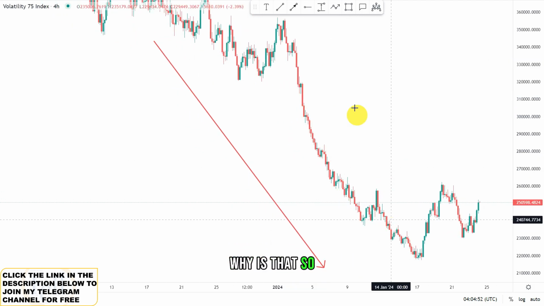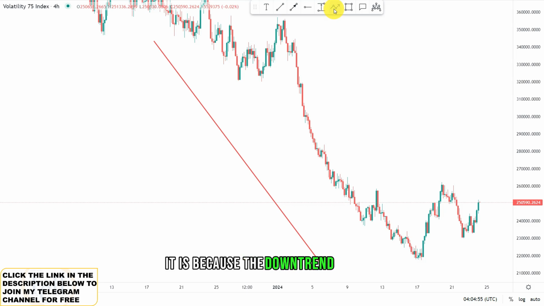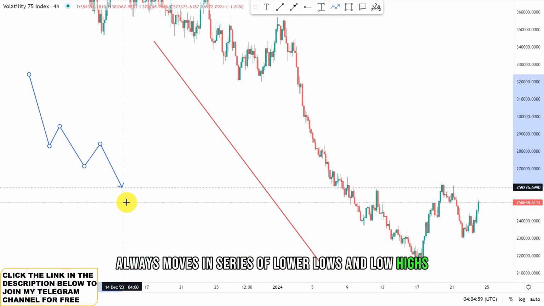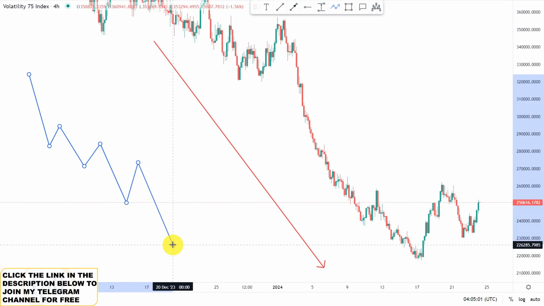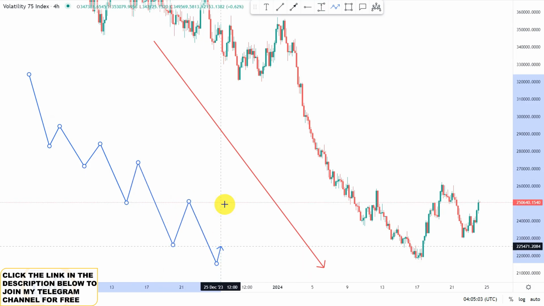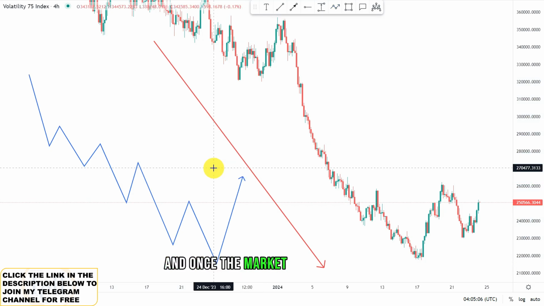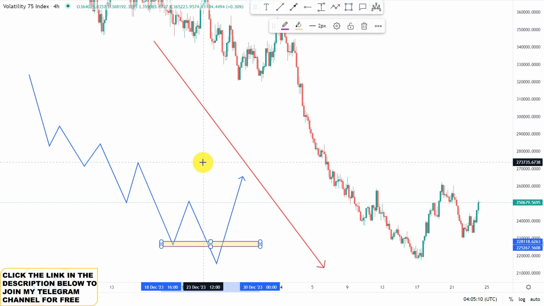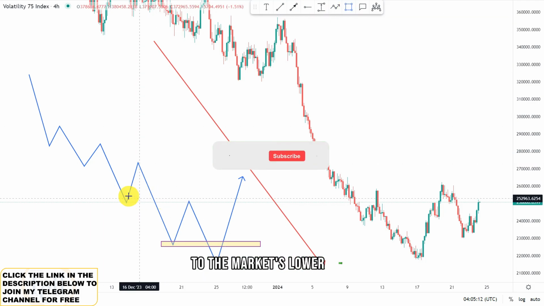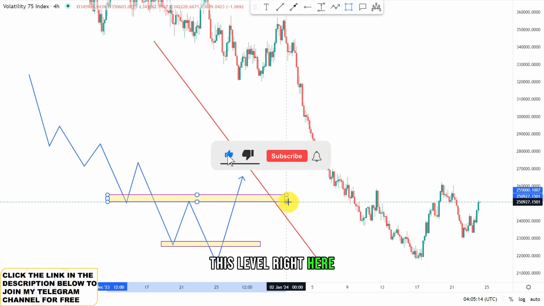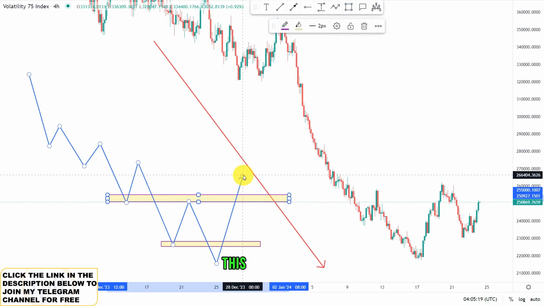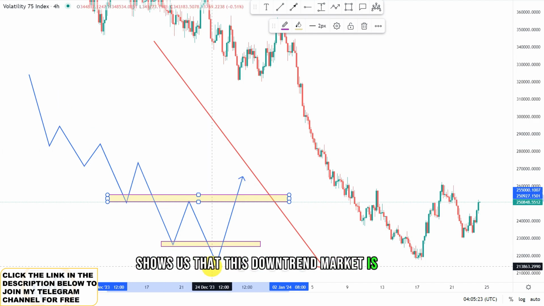Why is that so? It is because a downtrend market always moves in a series of lower lows and lower highs. And once the market fails to continue, comes to retest the market's lower high, this level right here, and it breaks above it with full body candlesticks, this scenario shows us that this downtrend market is over.